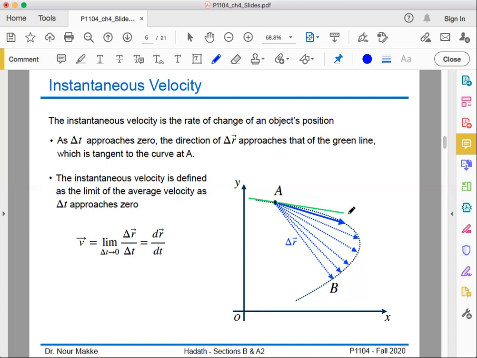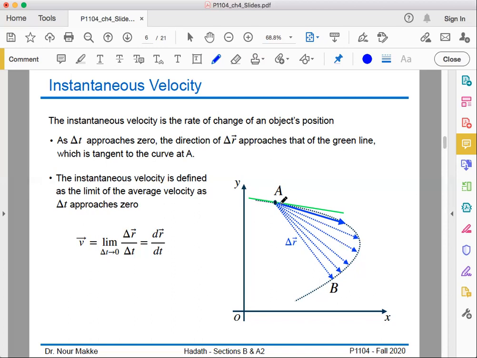And the green line is nothing else than the tangent to the curve at point A. So if you just let the point B move along this curve, and at each point you draw its delta R vector, the difference between the initial and the final position, you will see that as B approaches the point A, and therefore as delta T approaches 0, this vector delta R at the end will end up with this green line. And this green line is simply the tangent to the curve at the point A.